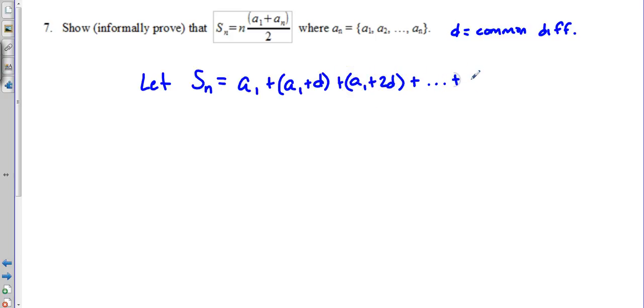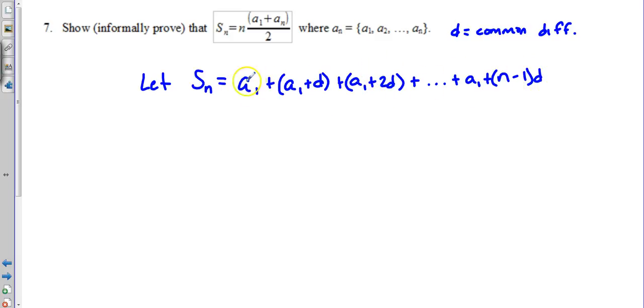So in general terms, the nth term is going to be a sub 1 plus n minus 1 common differences, not n common differences. Again, that's because this is the second term. We added one common difference to get from the first to the second. We added two common differences for the third term, so it's always one less than whatever term number we're on.